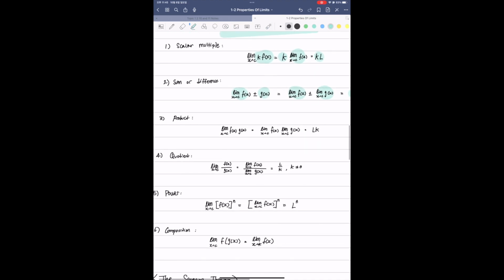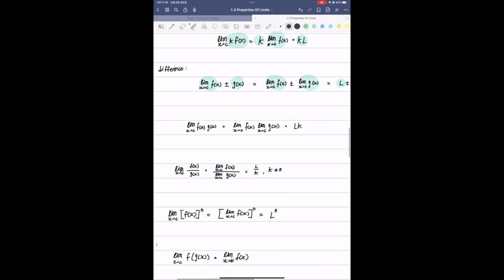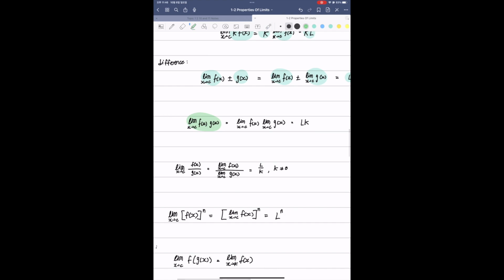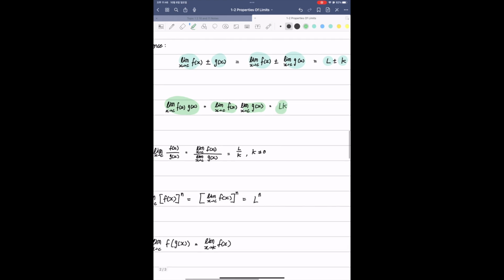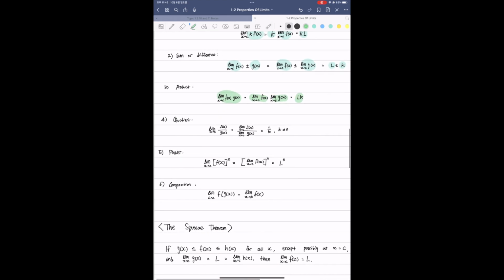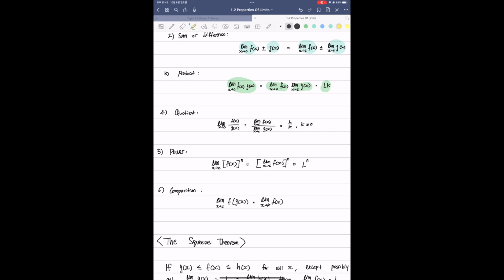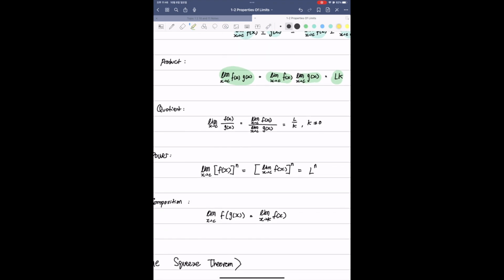Third, product. The limit of functions f(x) and g(x) multiplying with each other equals the limit of f(x) times the limit of g(x), which equals L times K. Fourth, quotient. The limit of f(x) over g(x) equals the limit of f(x) over the limit of g(x), and this equals L over K. But the thing is, K cannot be 0.